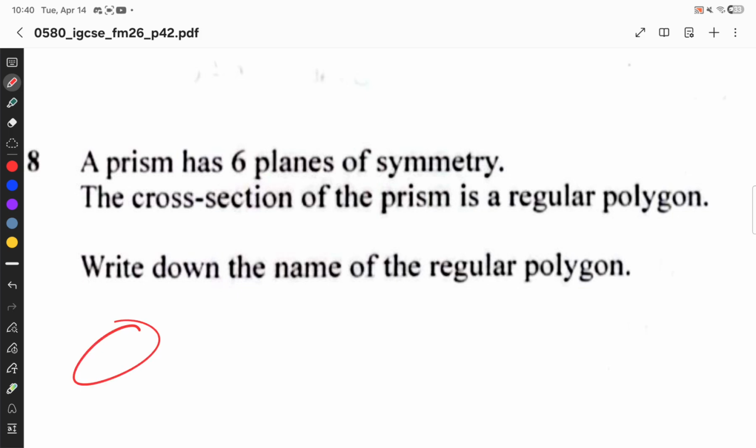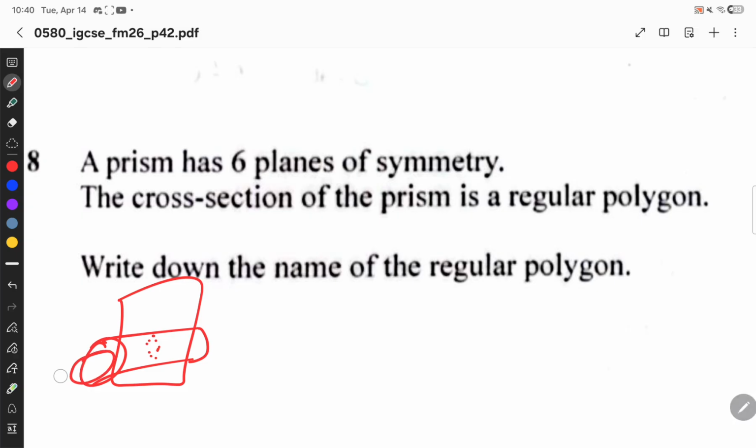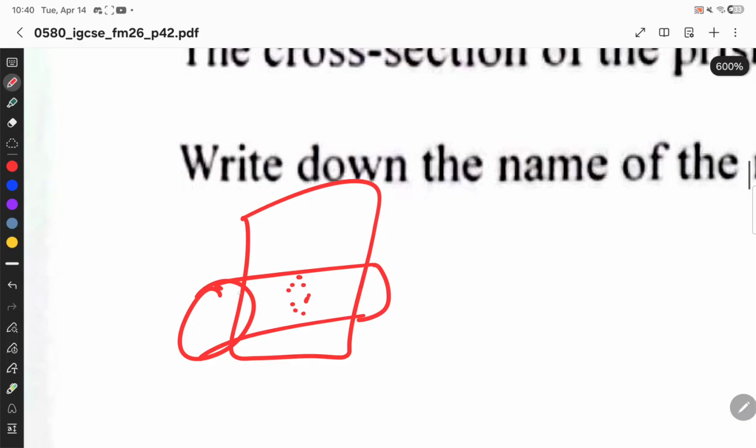Okay, a prism. When we have a prism, one of the planes of symmetry is going to be for the height, technically the 3D aspect of it, the width of the prism, if it's lying flat, and the face, the cross section, is the remaining.